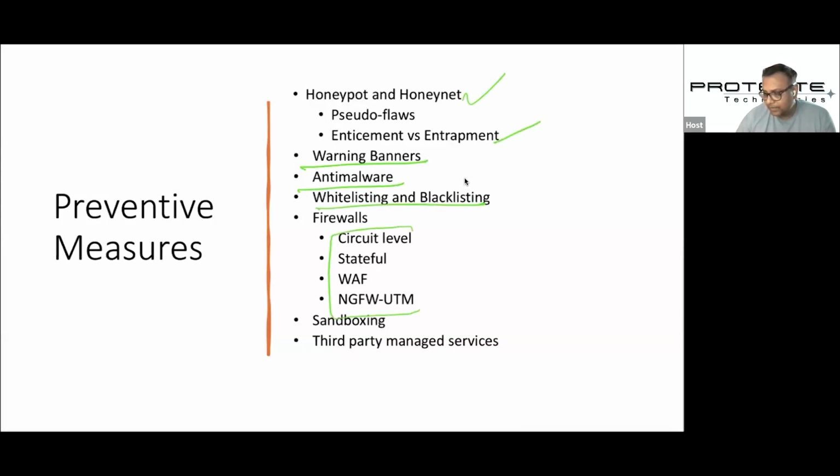Firewalls is something which I will discuss. Now, circuit level firewall is, you have a firewall which knows the state of the circuit. That means which port and which IP. So it maps port and IP. Say I am a client, I am a user, I have requested www.google.com.